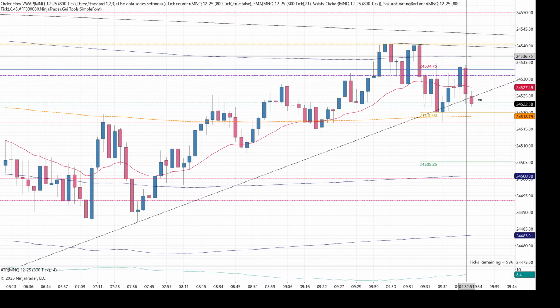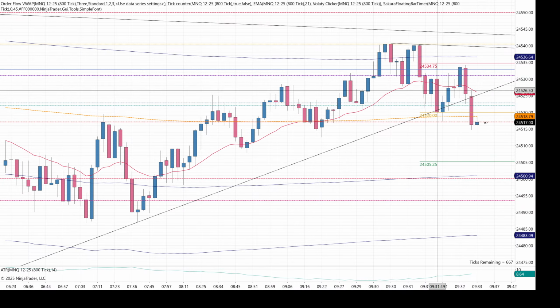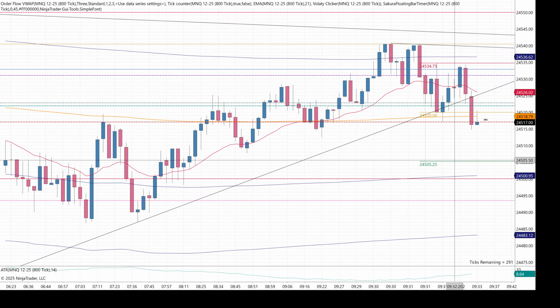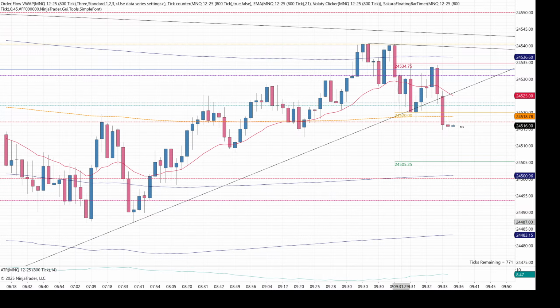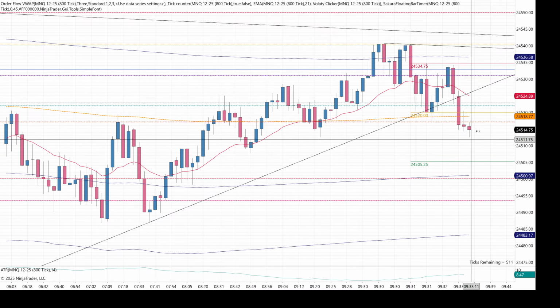So we're stuck in between these two standard deviation levels, this trend line and VWAP down here. We're still in this bearish move that we didn't take, that hasn't stopped out, and the target for that is 505.25. So it's making its way down.